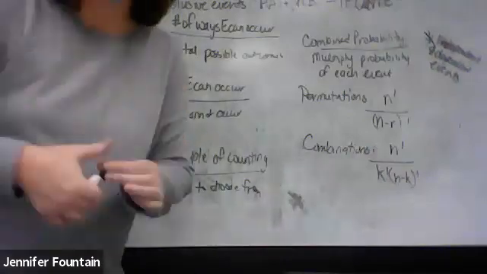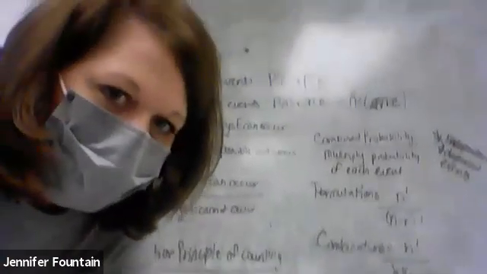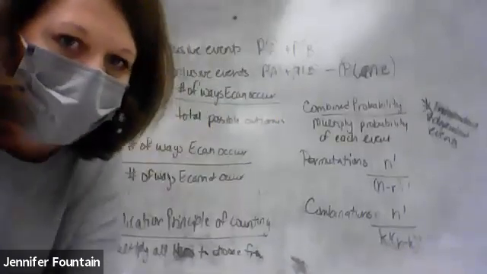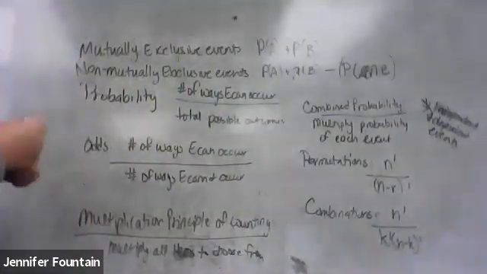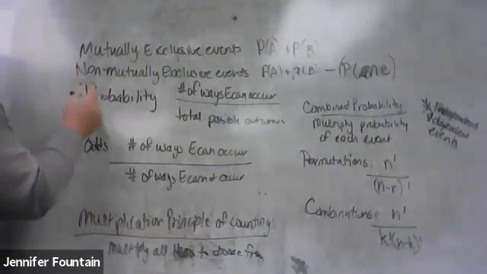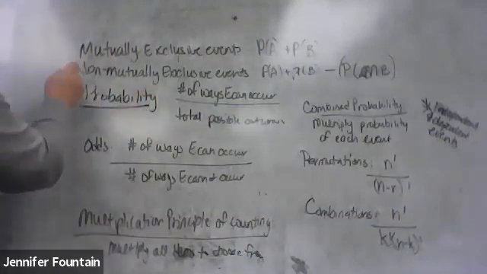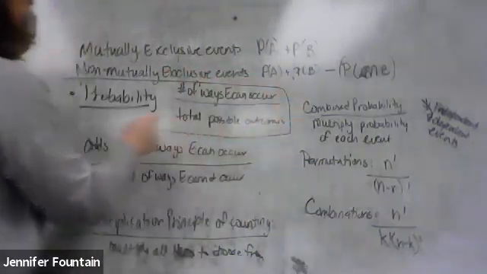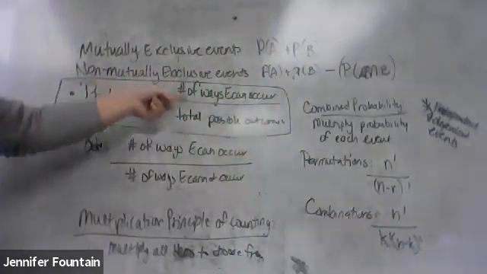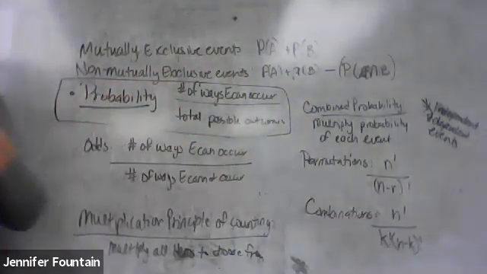Okay, so what I've done is I've gone ahead and written some notes on the board for y'all to look at all of these different things that we're talking about. So the first thing, probability: we said these are the ways that E can occur out of the total possible outcomes.